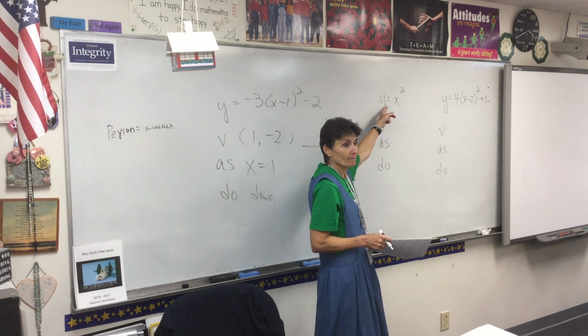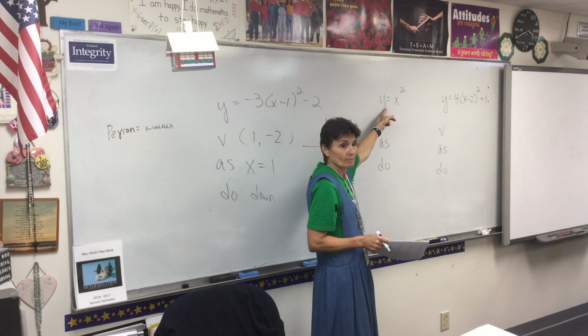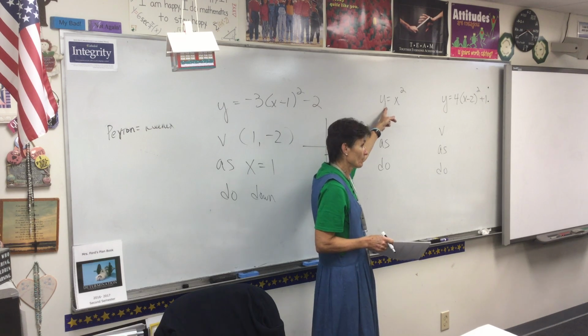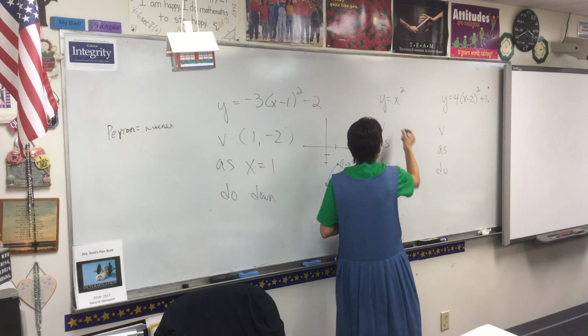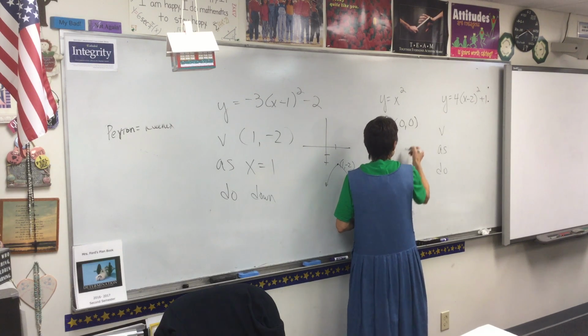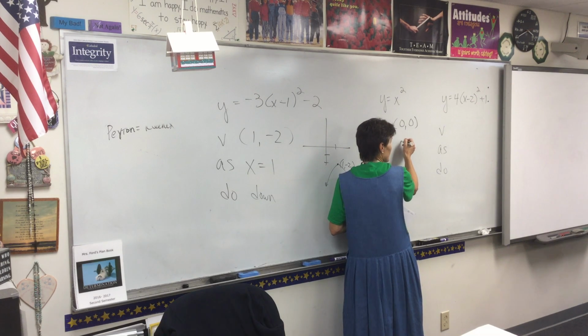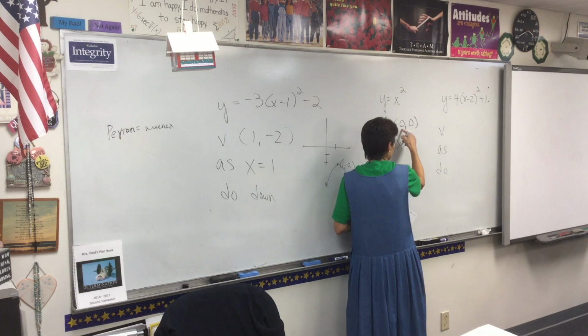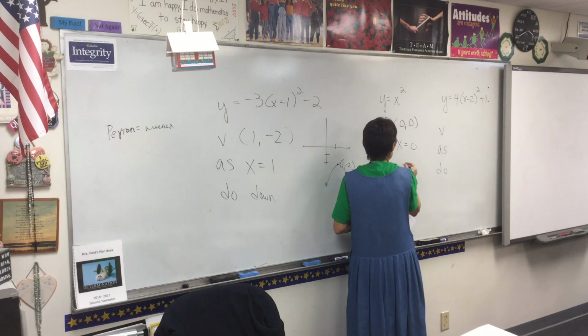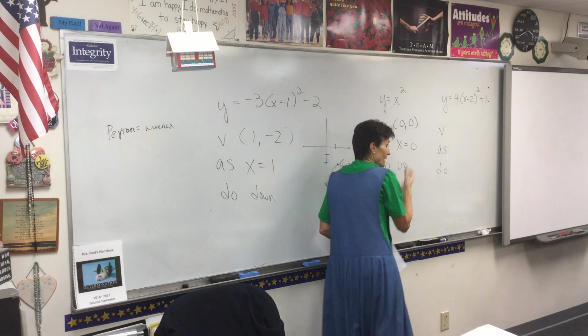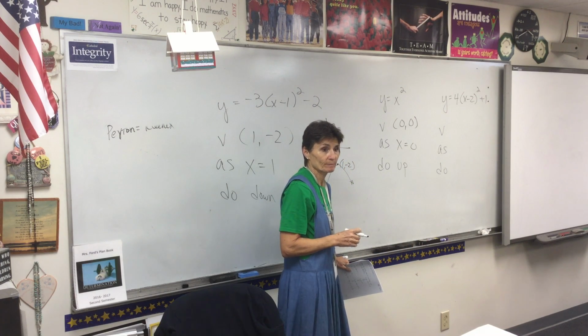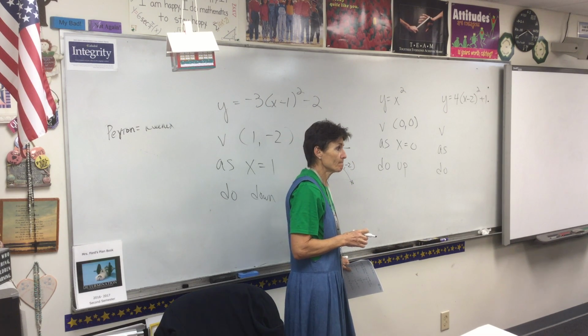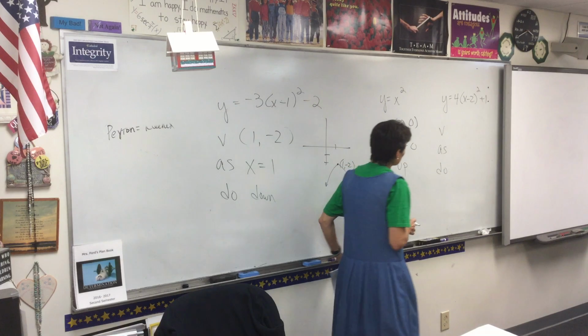This one right here. 0 is the vertex, 0 is 0. That is just our regular basic function, right? So the vertex is just at the origin, which makes the axis of symmetry x equals 0, and the direction of opening is up. That's just your basic function. Everybody okay? Yep. Now, what about this guy now?